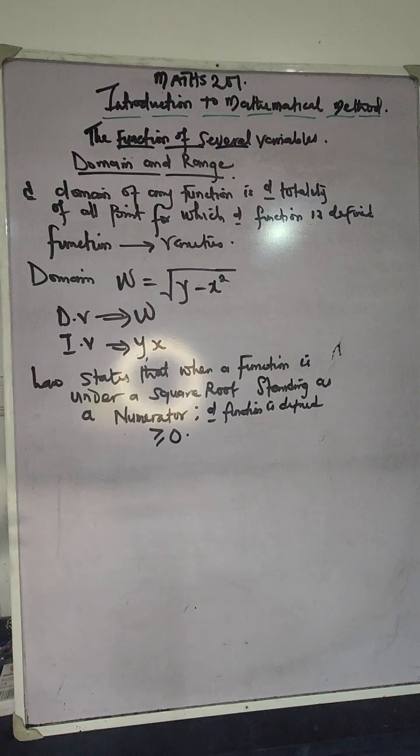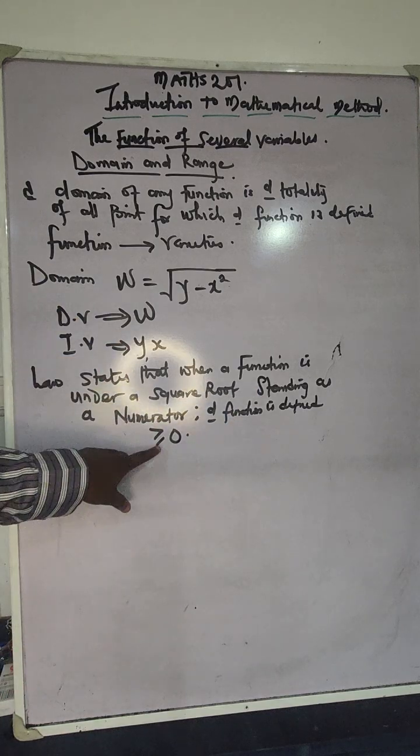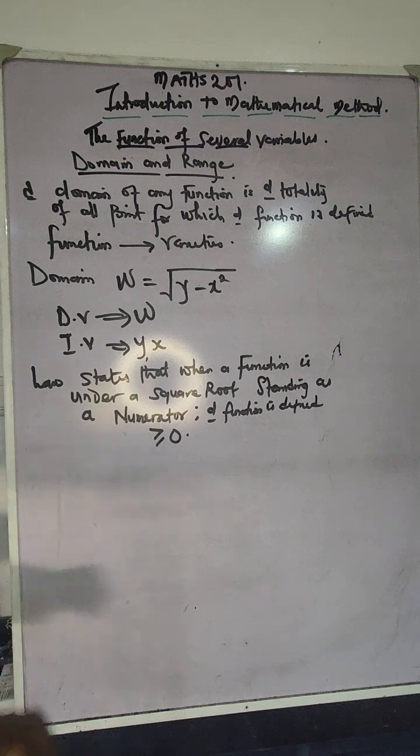Why did we say the function is defined when we set it greater than or equal to 0?